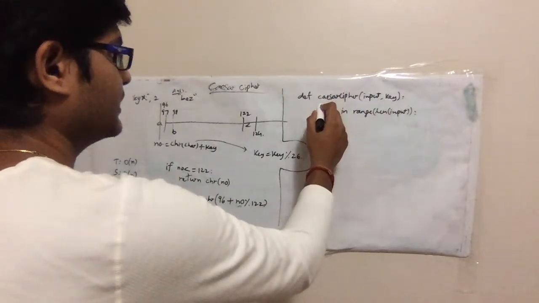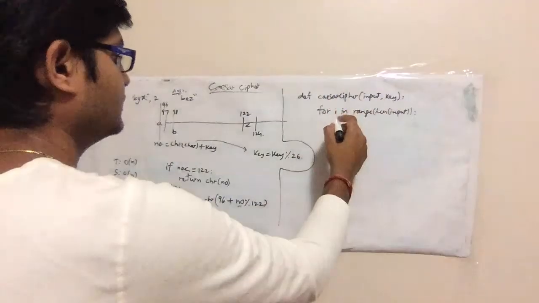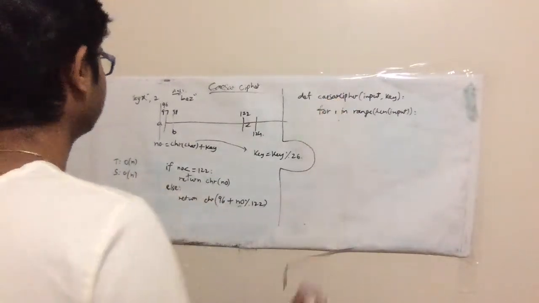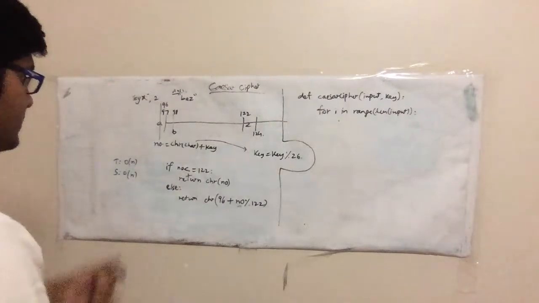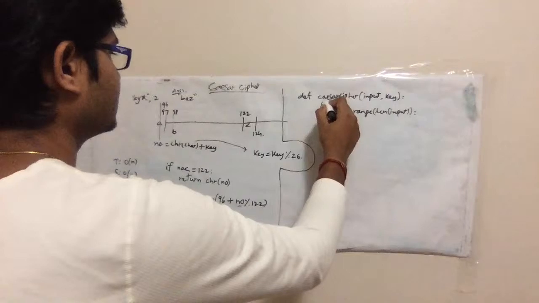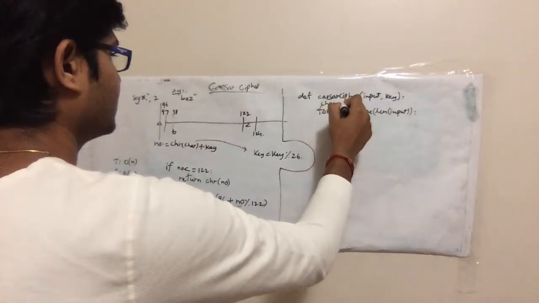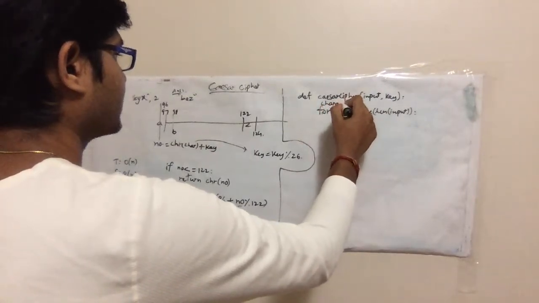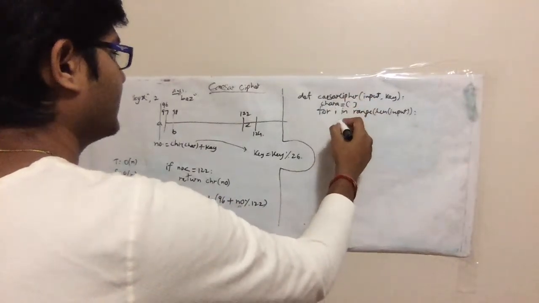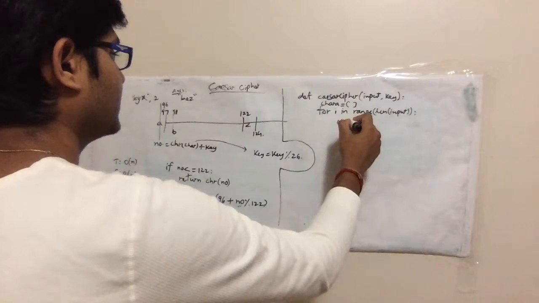I will create a new list named characters, which is equal to an empty list, and I will append to characters.